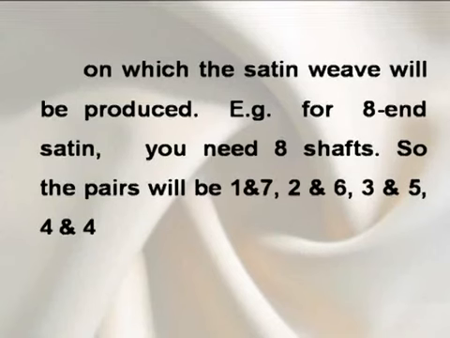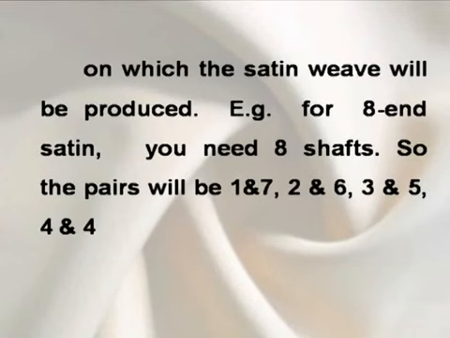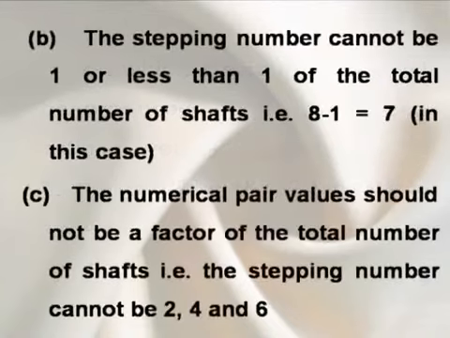For example, for 8-end sateen, you need 8 shafts. So the pairs will be 1 and 7, 2 and 6, 3 and 5, 4 and 4.